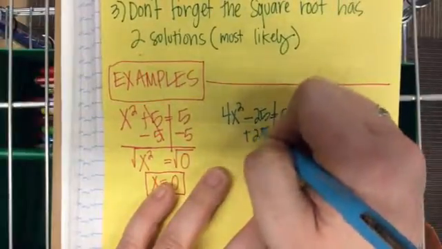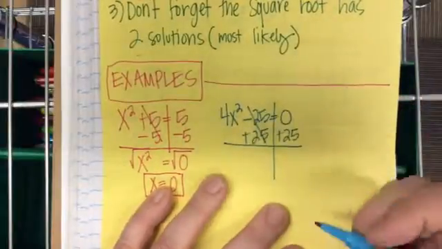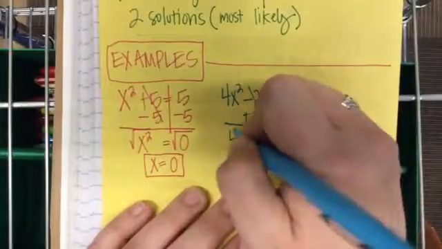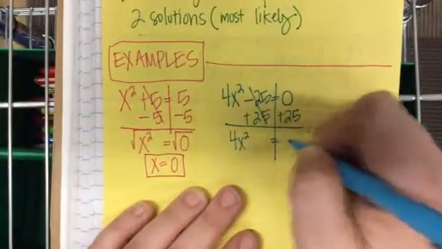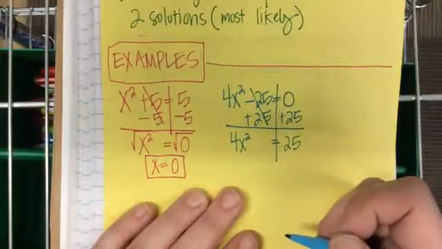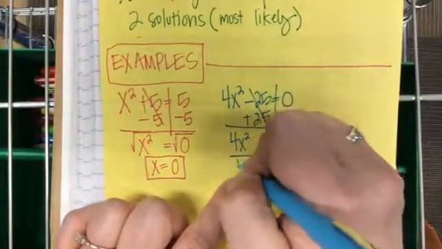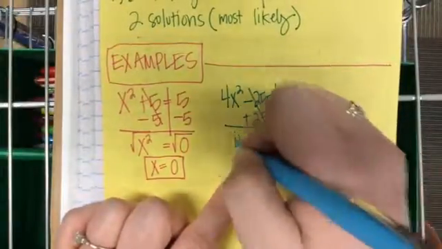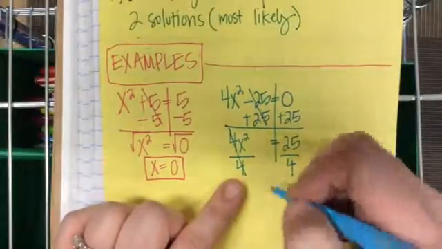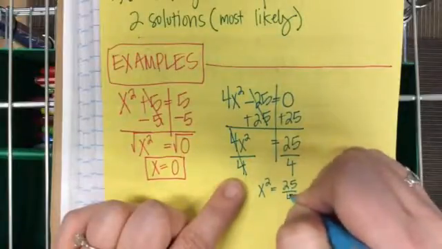So plus 25. And what does that leave me with? 4x squared equals 25. Is x squared by itself yet? No. Divide by 4, divide by 4. You have two choices right now. I'm going to choose to leave it 25 over 4.